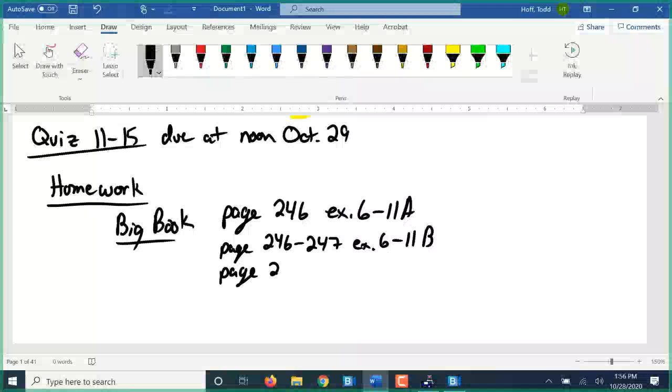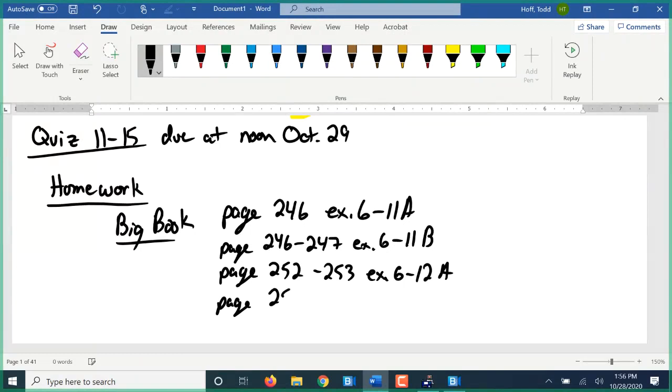Page 252, 253, Exercise 6-12A. And page 254, Exercise 6-12B. Of course, on all those, you just need to do the odds.